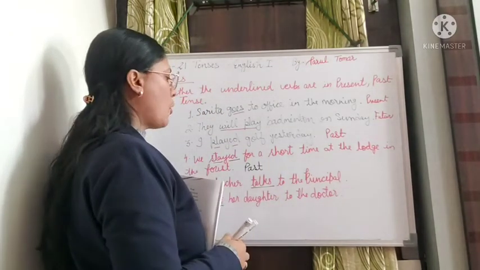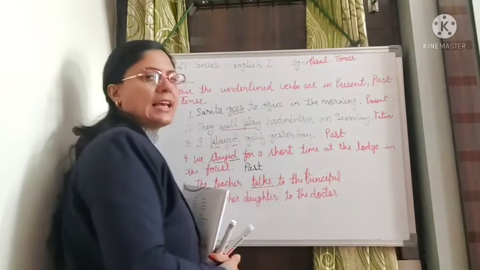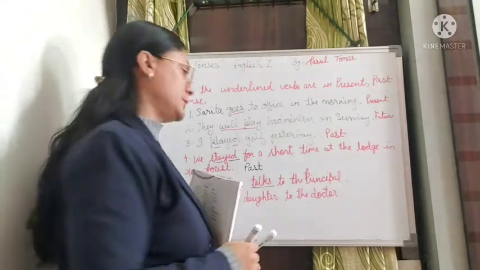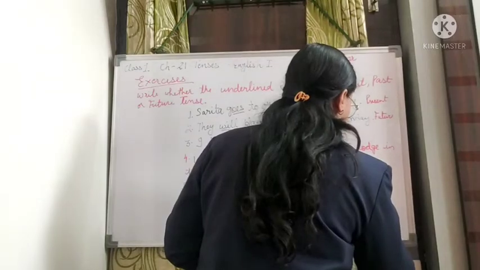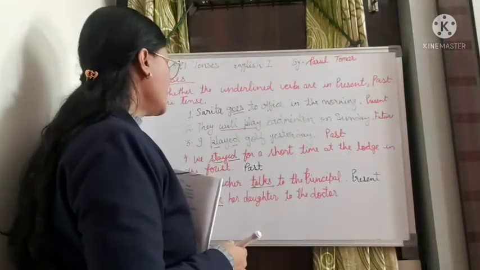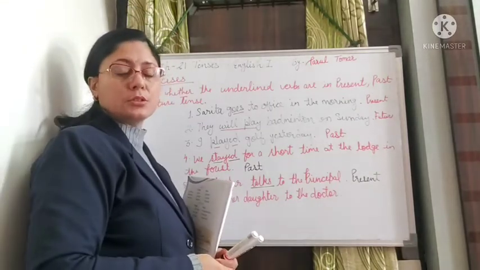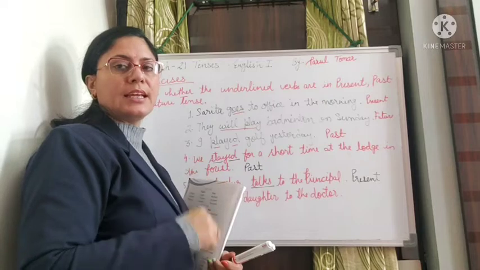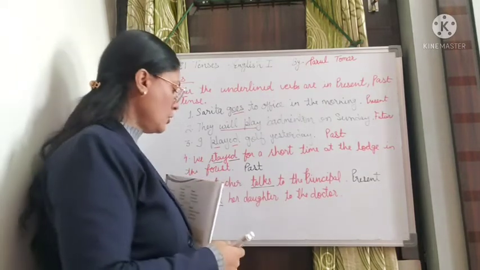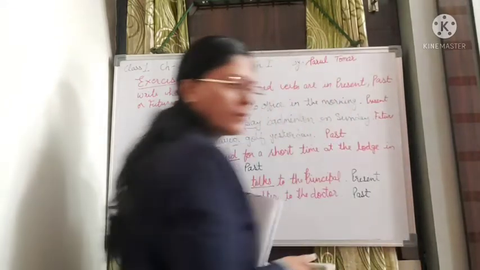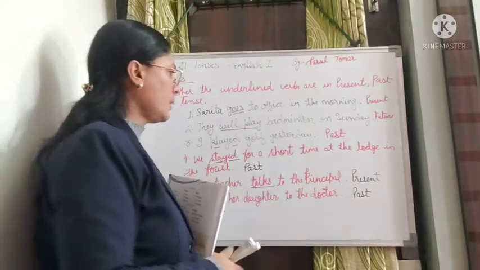The teacher talks to the principal. S has been added in the verb and we use S and ES in present tense. So, we will write here present. Number 6. She took her daughter to the doctor. Took is the second form of take. Take, took, taken. So, again this is in past tense. So, we will write past.